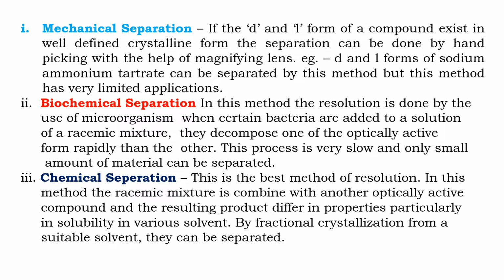So, by using a magnifying glass, we could isolate dextro and levo from their well-defined crystalline forms. This simple method of separating D and L isomers by converting them to well-defined crystalline structures is mechanical separation.